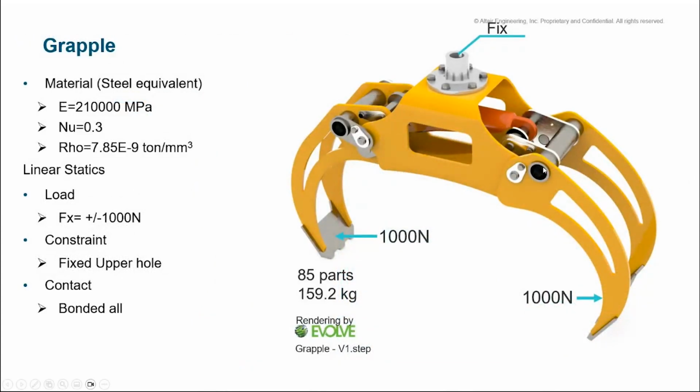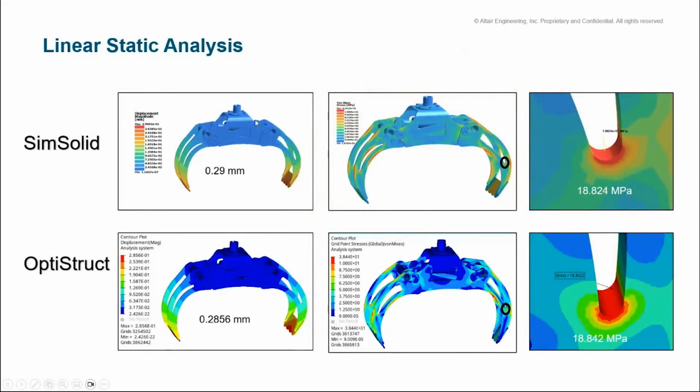Here we have a grapple hook. Here you can see modulus of elasticity, Poisson's ratio, your density, load, constraints, where it's fixed. And we have both SimSolid and OptiStruct. And here you can see excellent correlation in terms of a particular stress concentration, as well as your displacements.